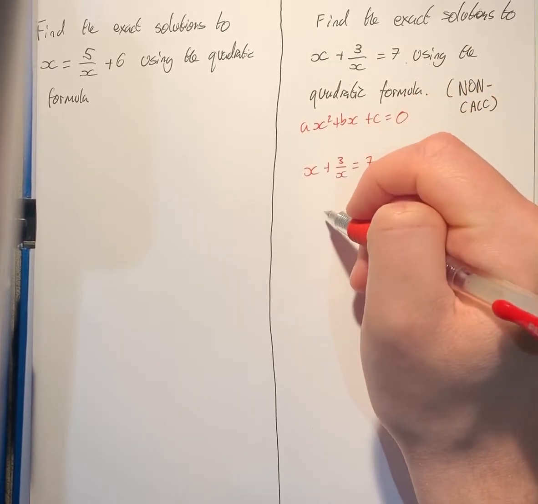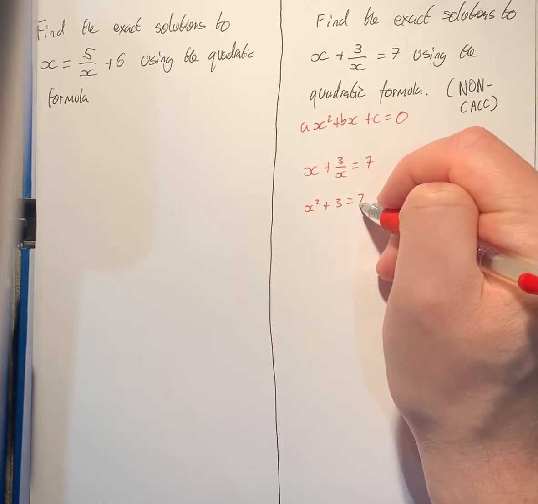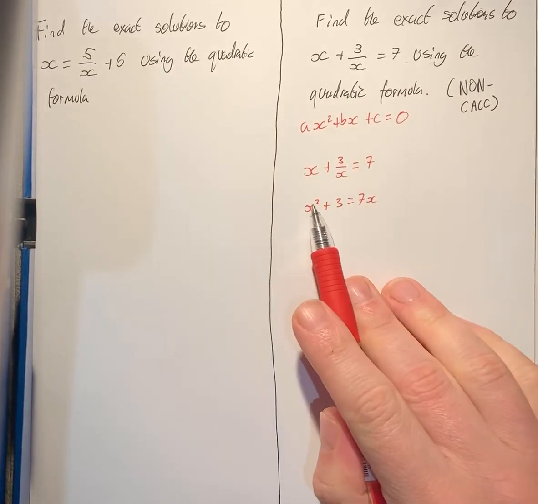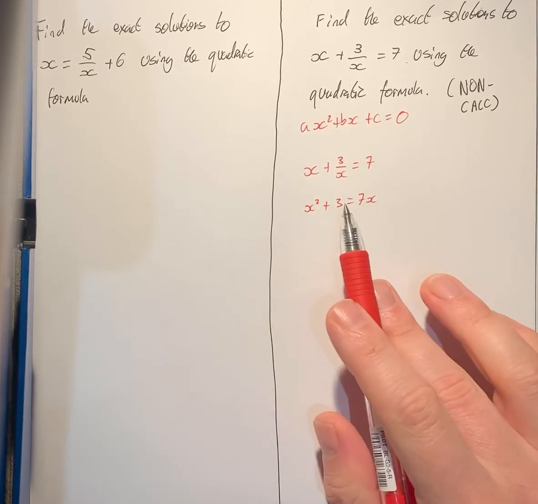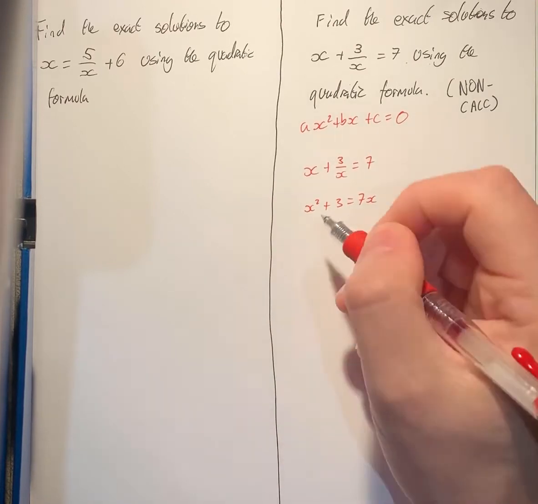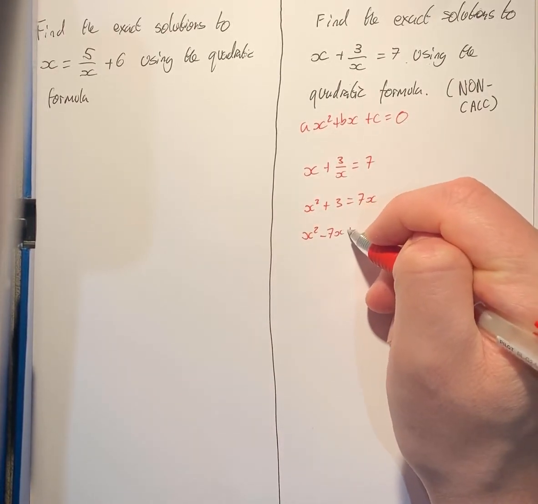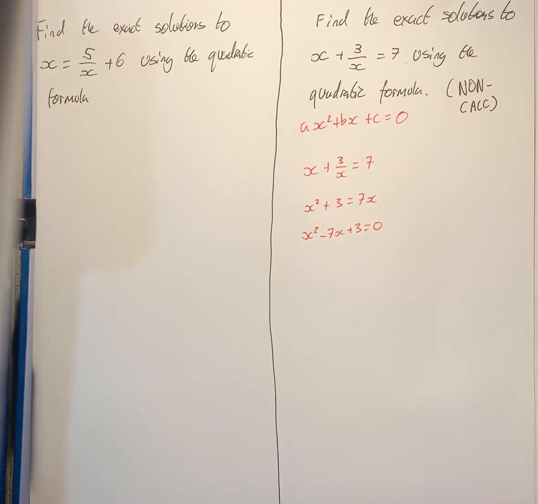I'm going to multiply through by x. Don't forget to multiply every term through. Now, hopefully you can see this is going to be of that form. So it's going to be x squared minus 7x plus 3 equals 0.